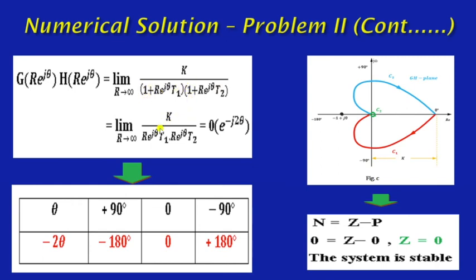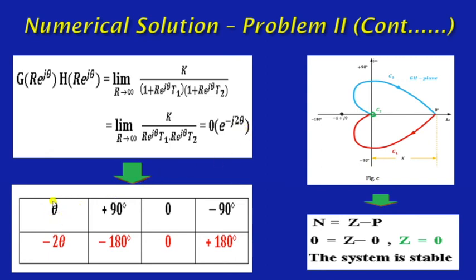Then we get K divided by R e to the power j theta into T1 into R e to the power j theta into T2. If R tends to infinity, then this magnitude is 0. Then the phase angle is e to the power j theta into j theta, that means 2 j theta, so that means minus j 2 theta.